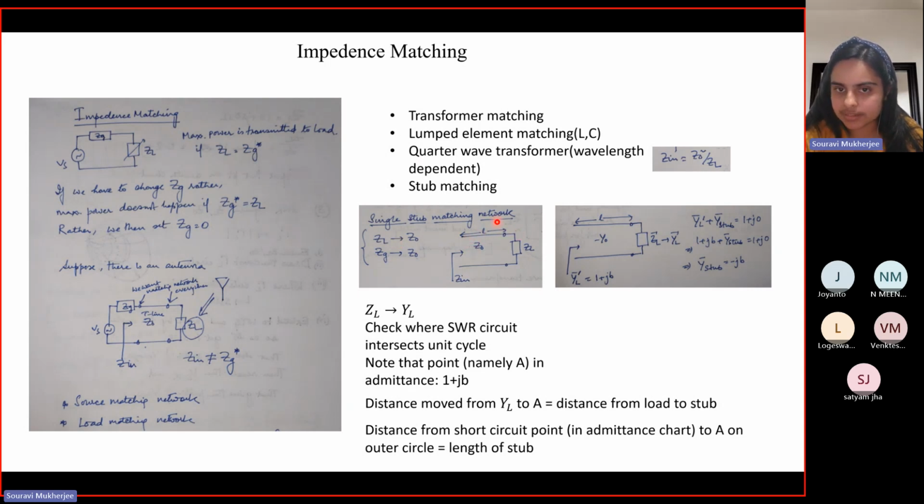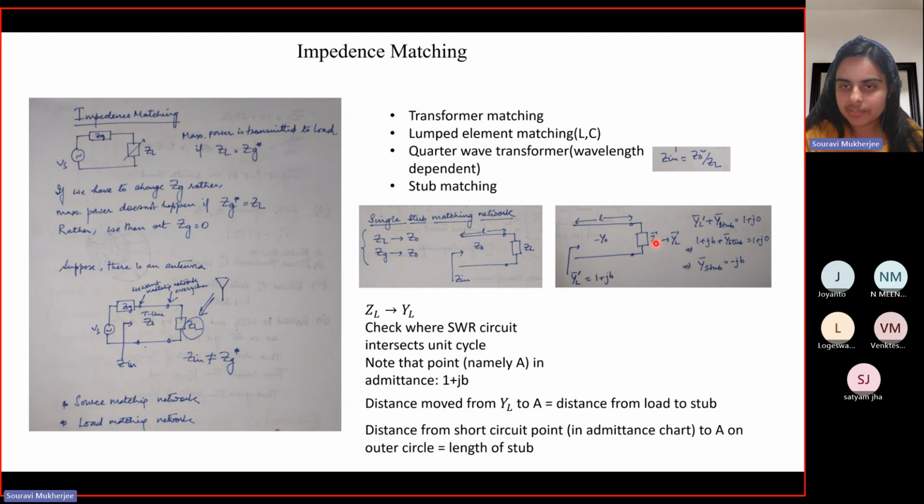So here, in parallel to this transmission line, you can add a stub. Now this stub can be a short circuited line, or it can have some impedance based on whatever you choose. Generally, you can choose a short circuited line in parallel to this transmission line such that the impedances match. Because the stub is connected in parallel, we move from impedance to admittance.